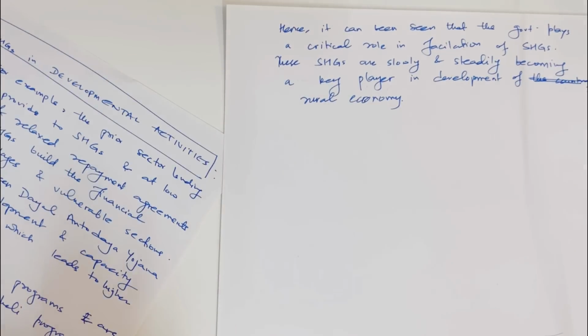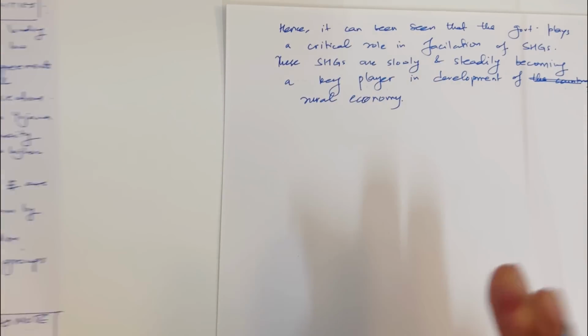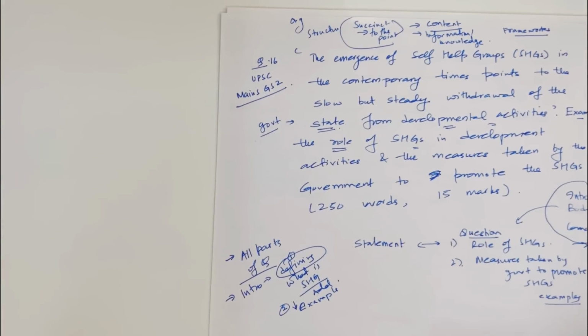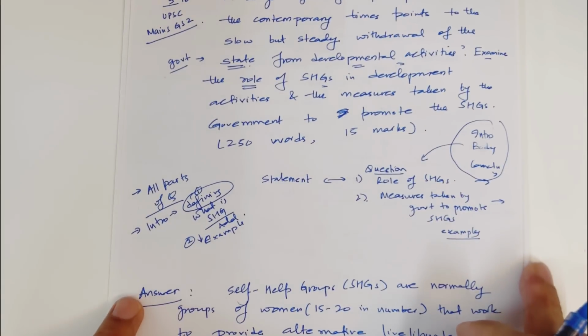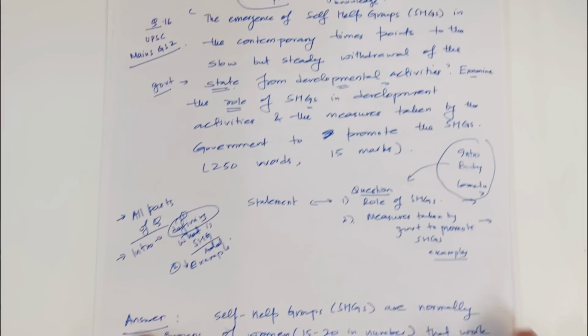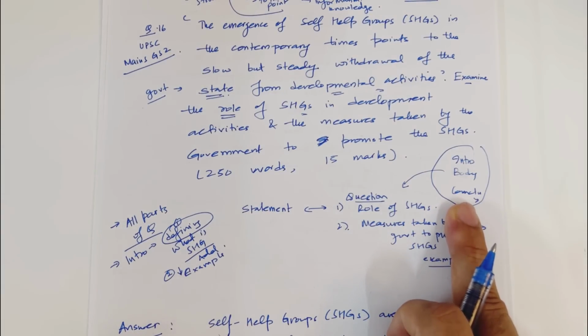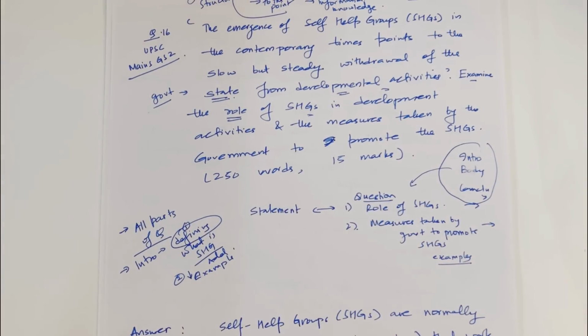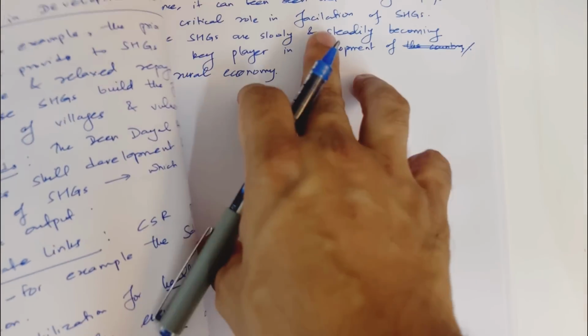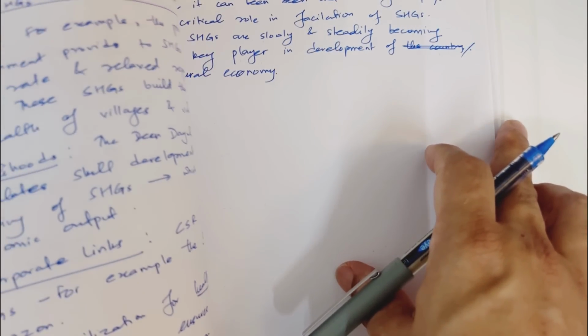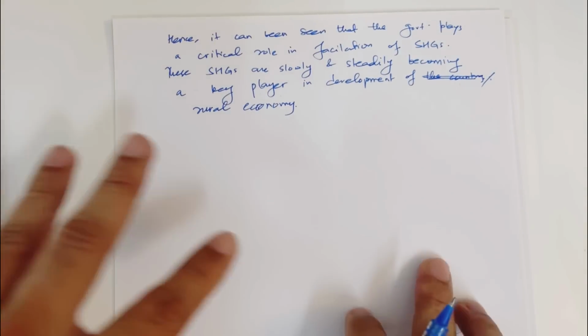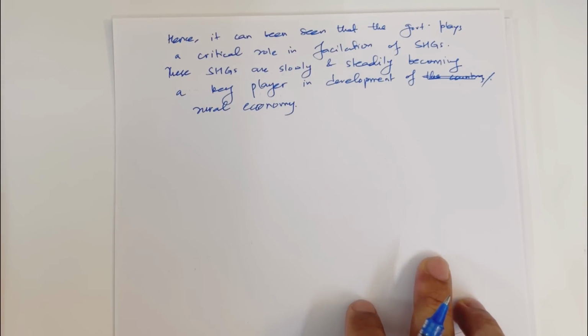Okay, so see how very simple. Conclusion is always about the takeaways, or a forward-looking statement. So whenever you're thinking of a conclusion, have a framework in your mind that either I'm going to write about the way forward, how we are going to go forward from here, or you can summarize what has been written, or you can provide a statement that gives an overall analysis of what you have discussed.